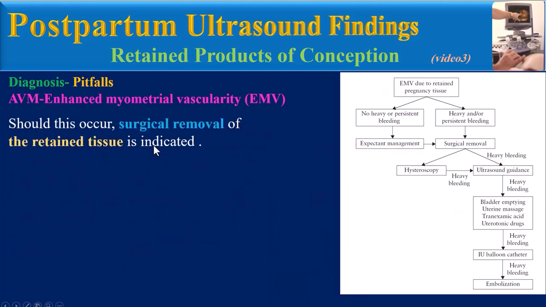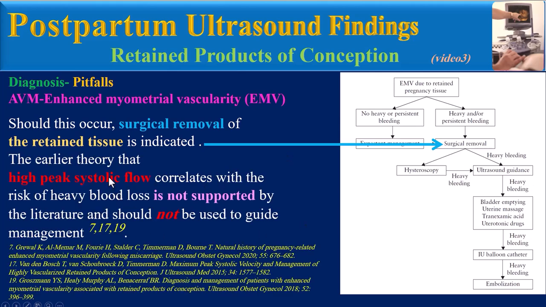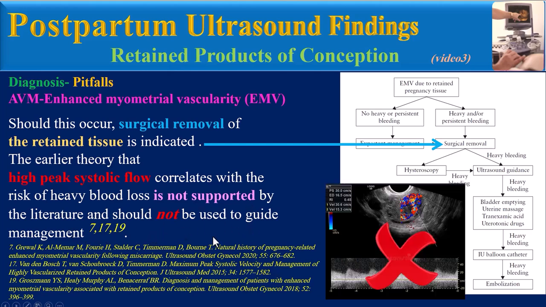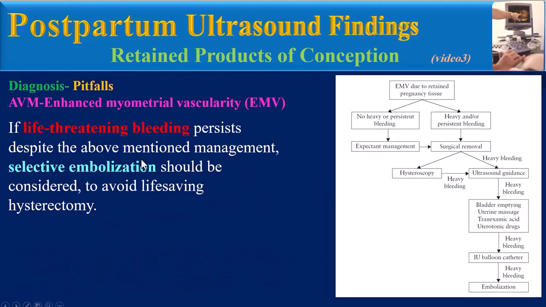Should this occur, surgical removal of the retained tissue is indicated. The earlier theory that high peak systolic flow correlates with the risk of heavy blood loss is not supported by the literature and should not be used to guide management. If life-threatening bleeding persists despite the above-mentioned management, selective embolization should be considered to avoid life-saving hysterectomy.